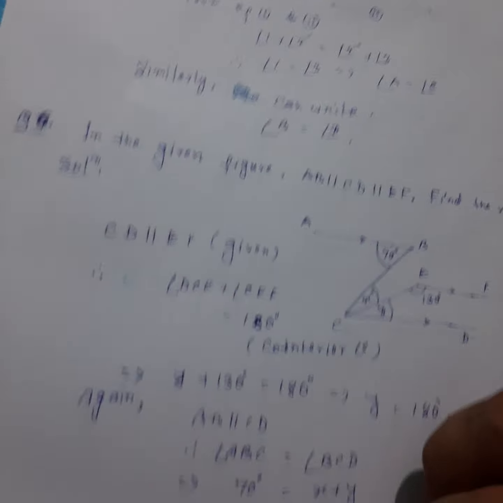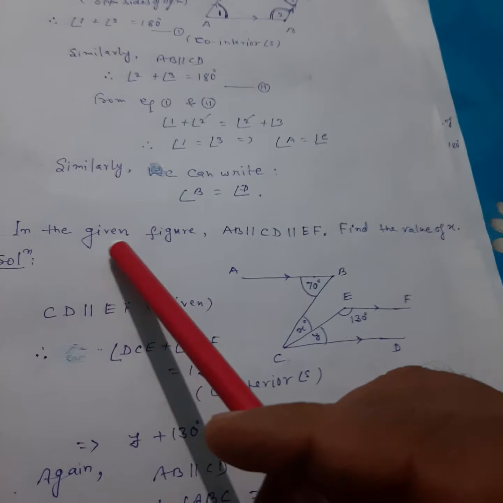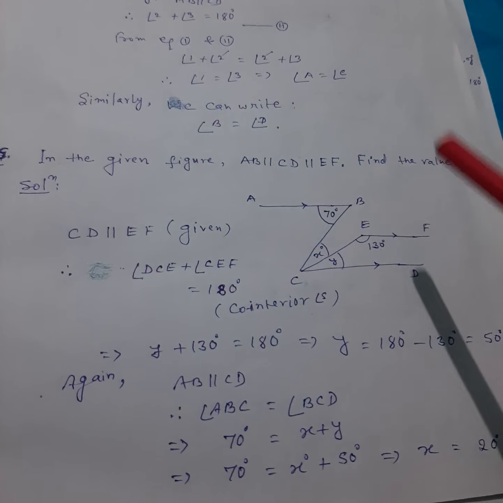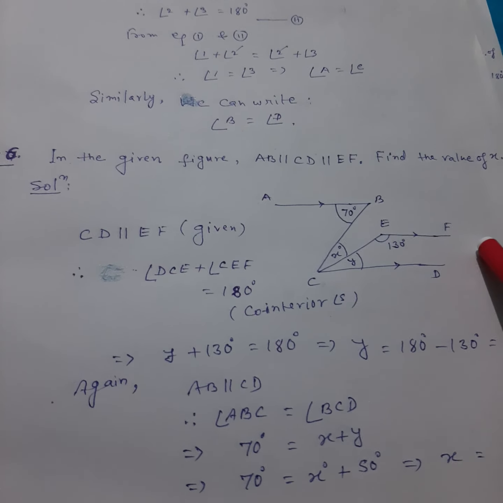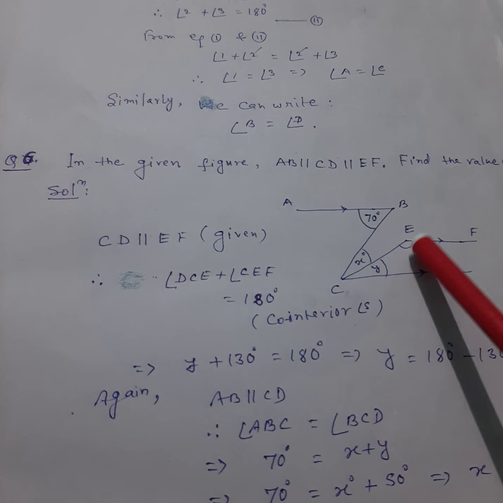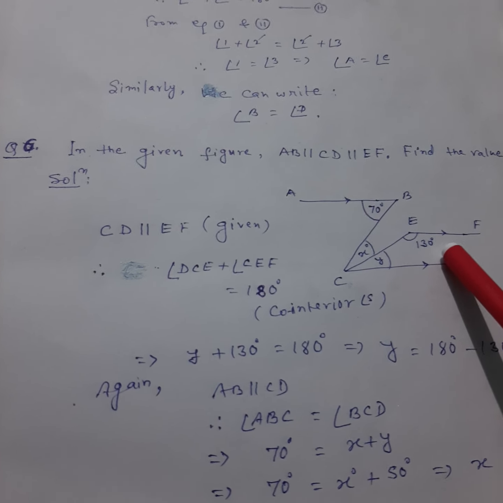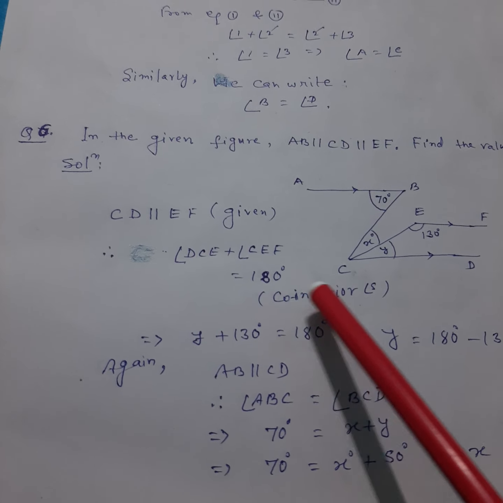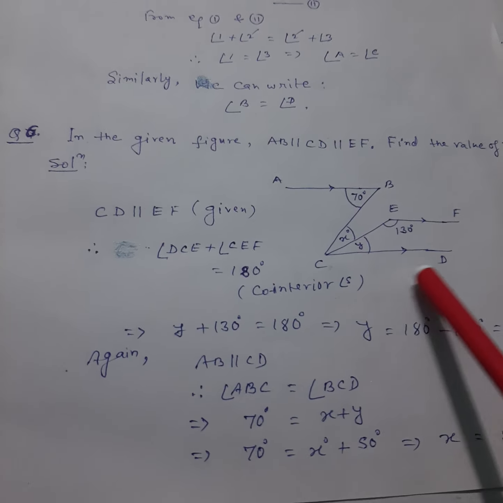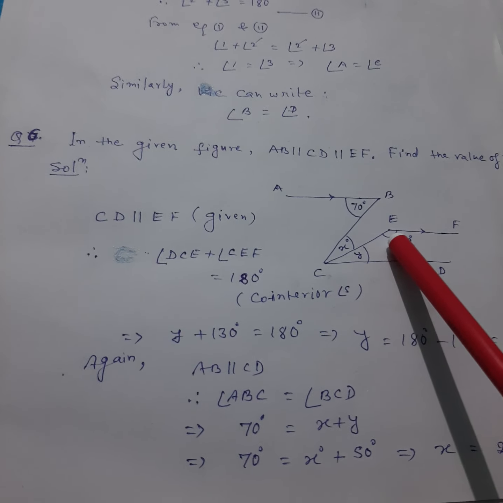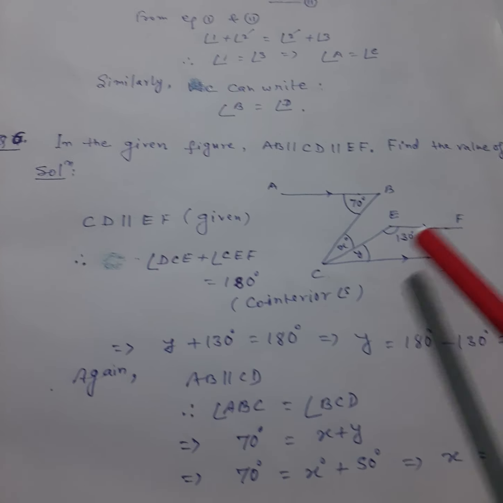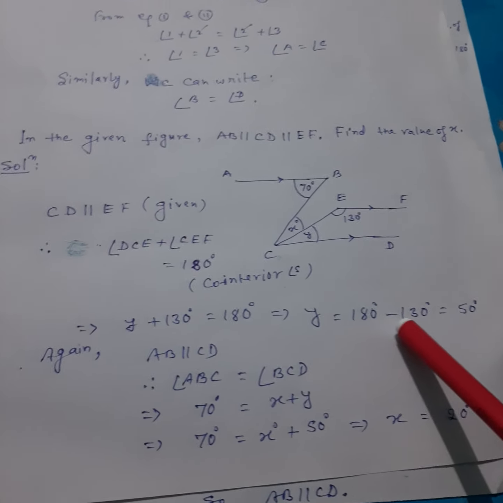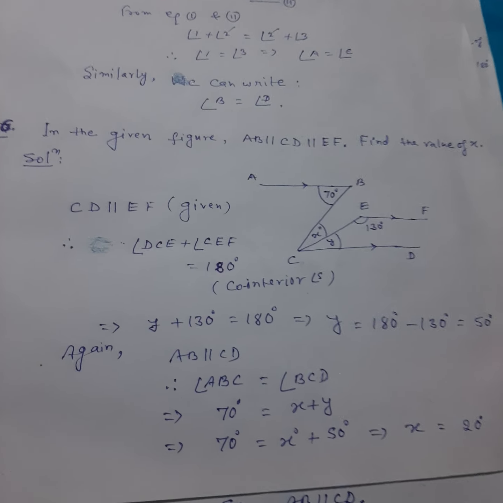Okay. Now question number 6. In the given figure, AB is parallel to CD, which is parallel to EF. Now CD is parallel to EF, so 130 degrees plus y equals 180 degrees, the sum of co-interior angles, that is angle DCE plus angle CEF equals 180 degrees. So we get the value of y: 180 minus 130 equals 50 degrees.